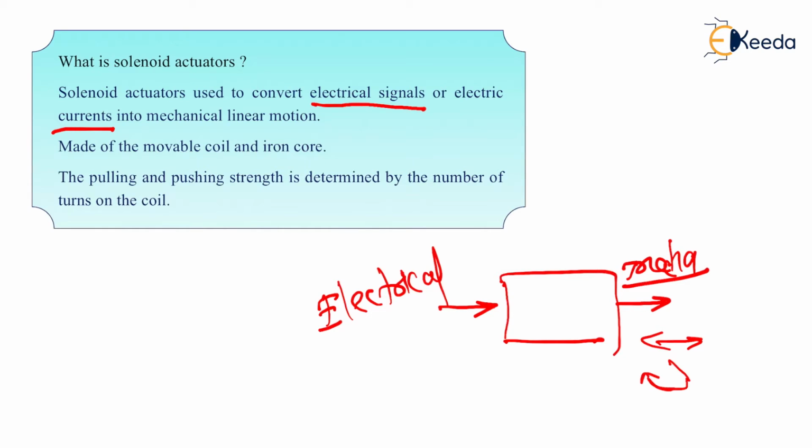It is made up of a movable coil and an iron core. The pulling and pushing strength is determined by the number of turns of the coil. So whether the output of the actuator is in the reverse or forward direction depends upon the number of turns in the coil.